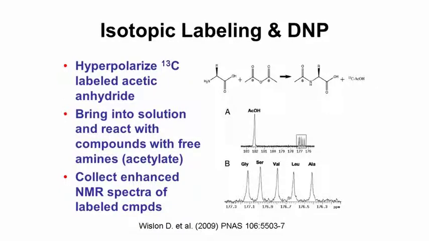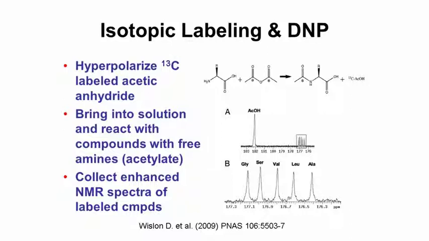So acetic anhydride will react within microseconds at almost 100% efficiency with free amines. So it doesn't have to be amino acids. It could be almost anything else that has a free amine. So it does an acetylation reaction.